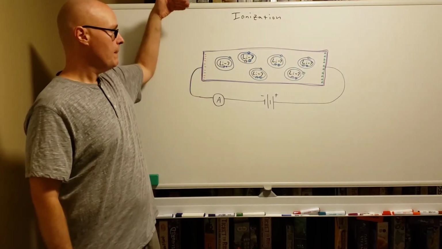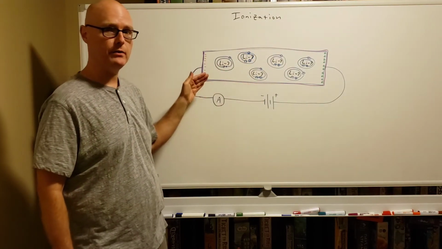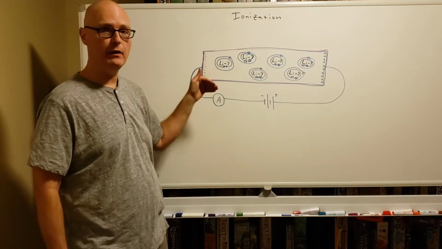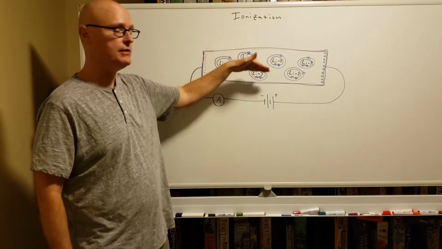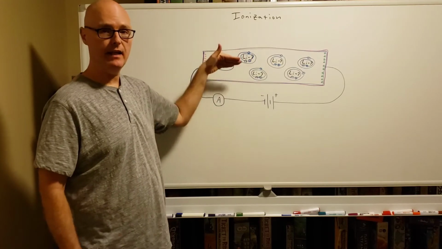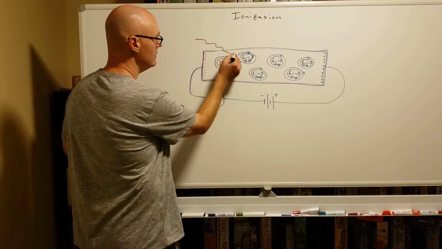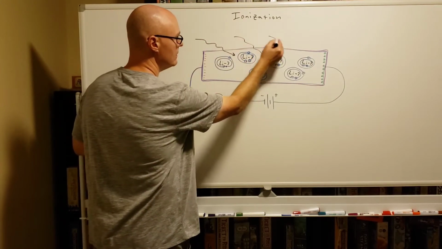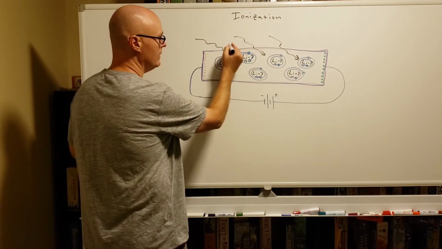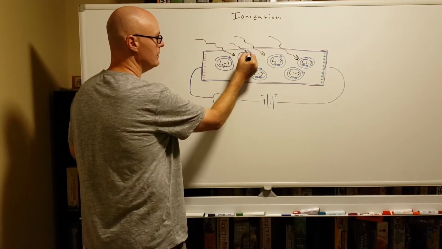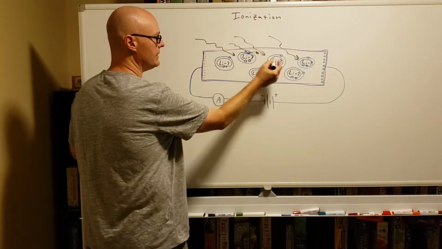If I have a coating here that blocks out all the charged particles, and the only thing that gets through is photons, then I can measure photons. I can measure the strength of the photons that are getting to this detector. So I can have photons coming in here, and then these photons will be absorbed, freeing that electron.